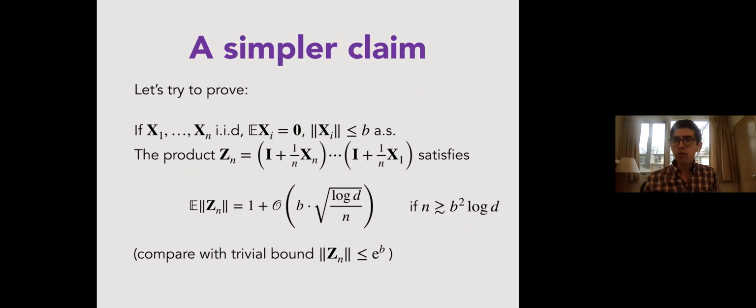So just to illustrate how these ideas work, I'm going to step you through the proof of a simpler claim, but one that already gives the high-level ideas of what's going on in the proof of not only the theorem that I mentioned earlier, but the more general statements as well.